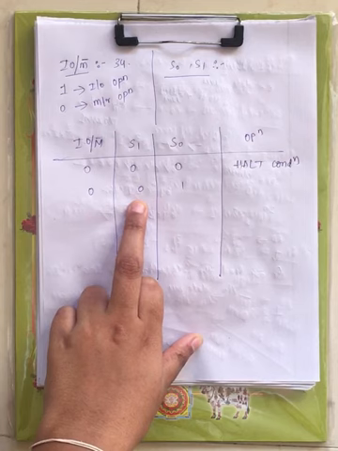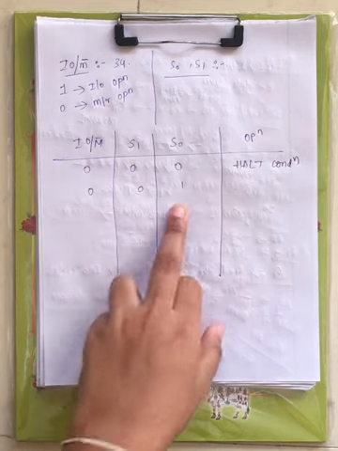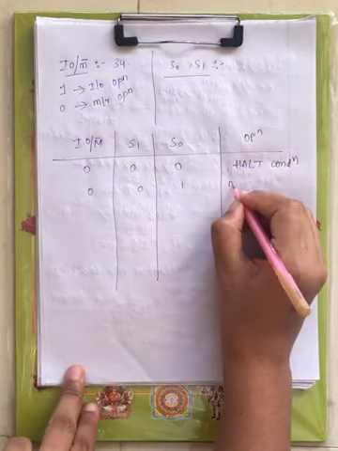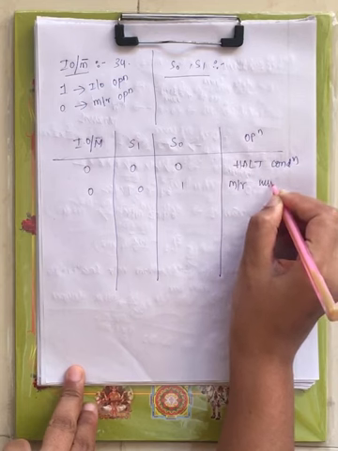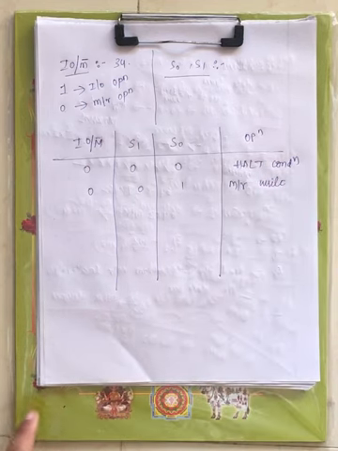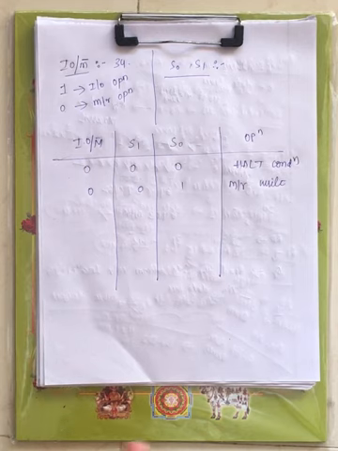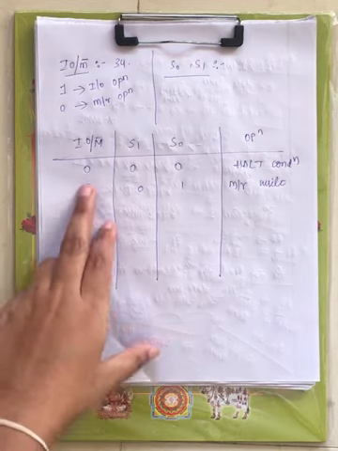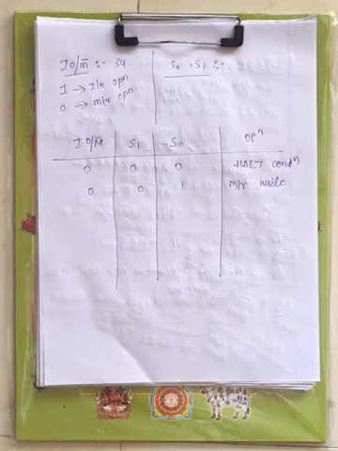When S1 is 0 and S0 is 1, the operation is memory write, that means the microprocessor is performing the operation of writing.